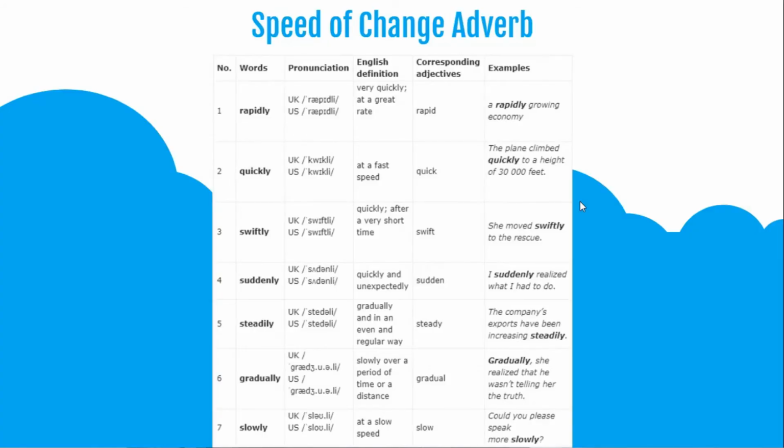And the last one is the speed of change. So other than just the change that you describe, you can also describe the speed of change. Okay, is it rapid? Is it sudden? Is it slow? So what kind of speed does the chart actually have?